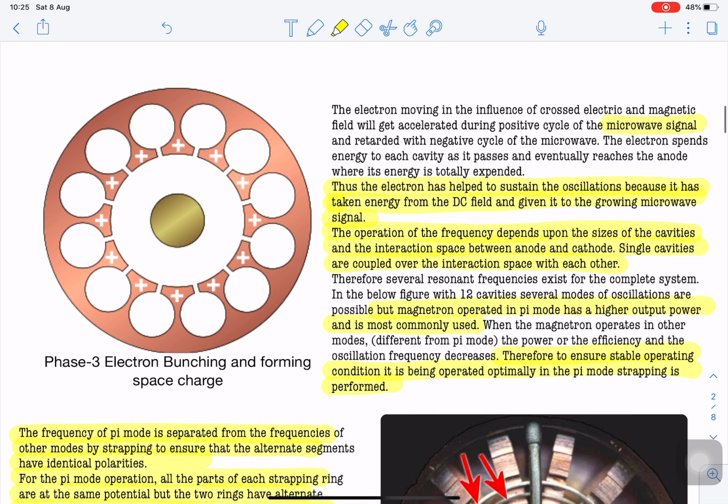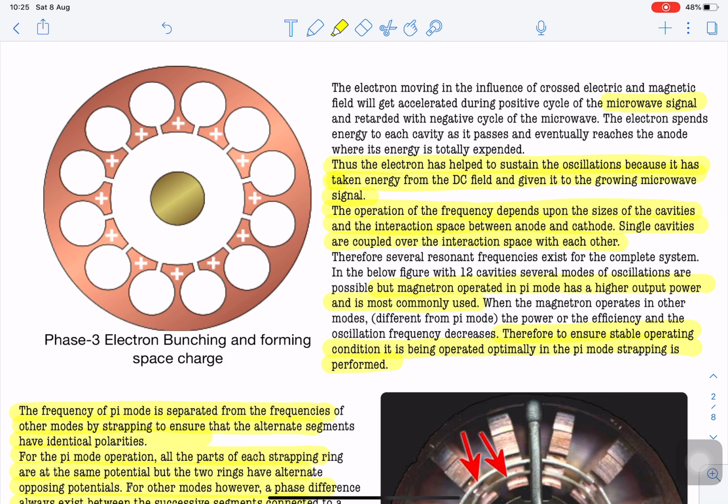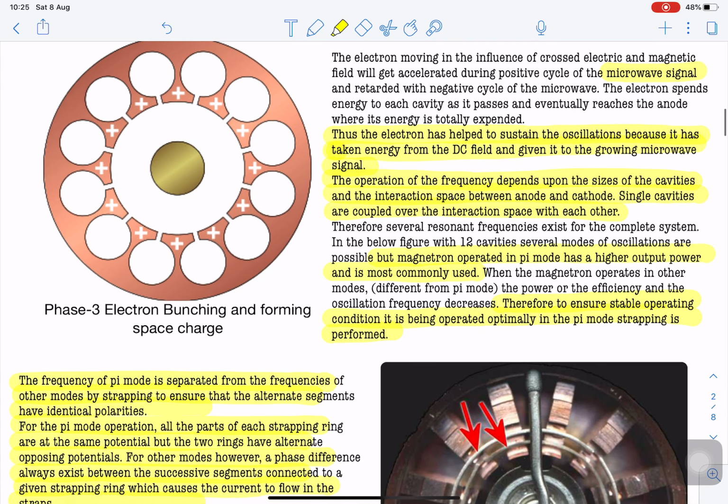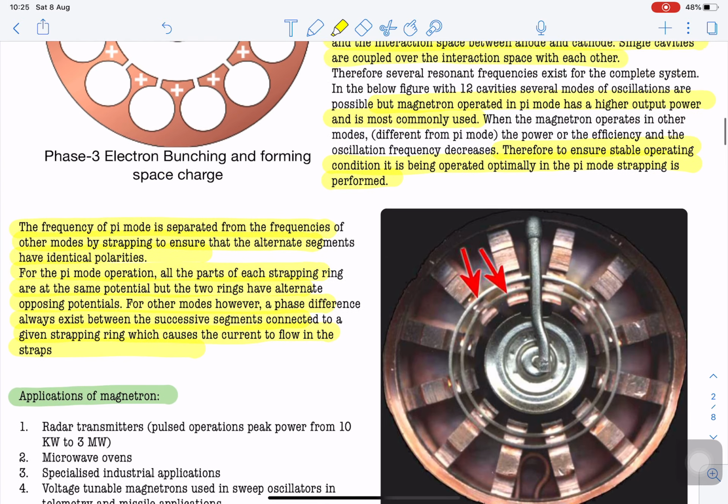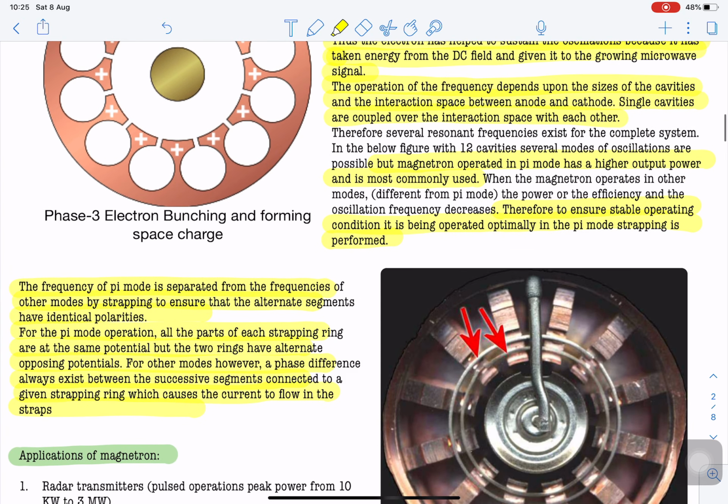Therefore, we make use of several cavities, and all these cavities, please remember, possess the property of resonance. So all these cavities have resonant frequencies, and they exhibit the complete behavioral aspect of the resonance phenomenon.